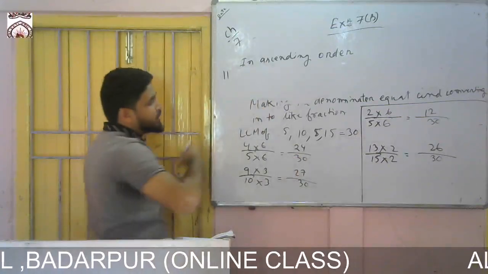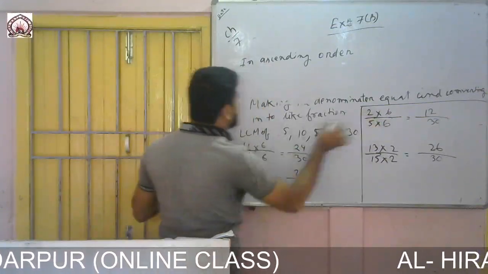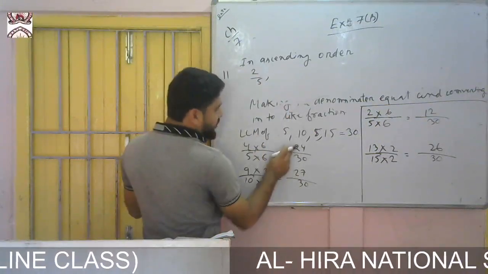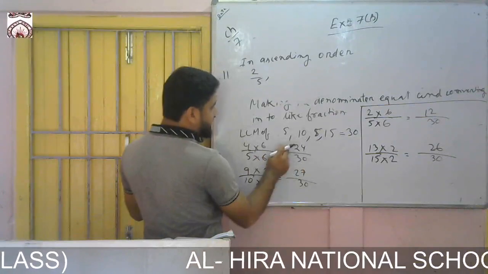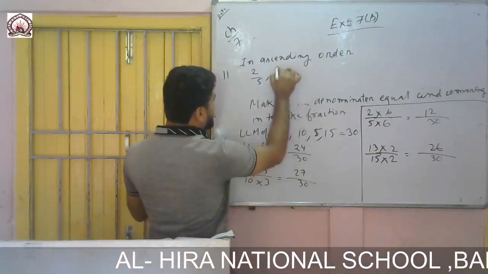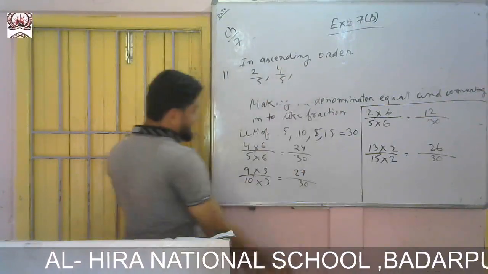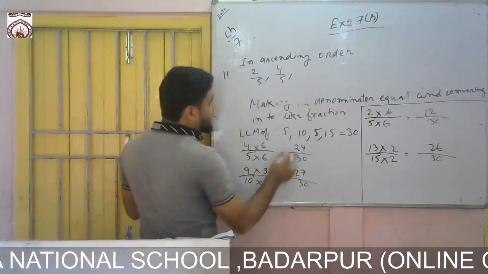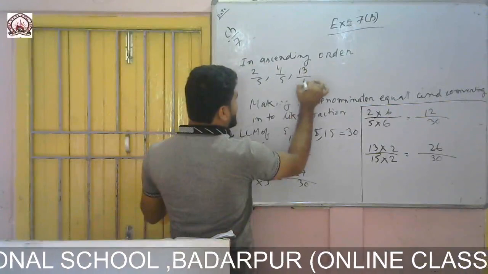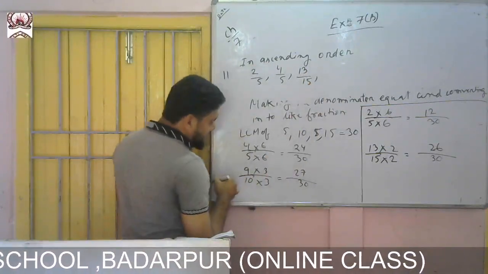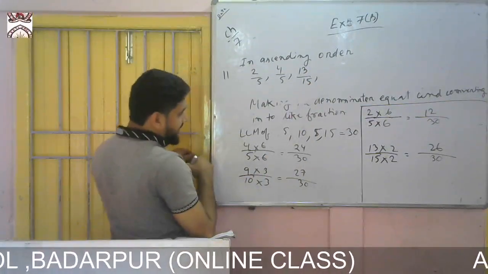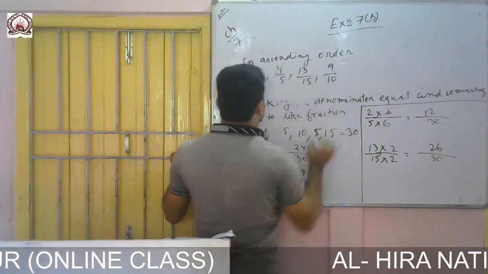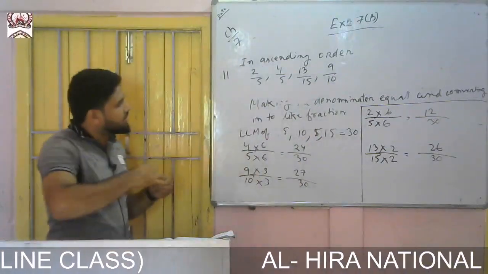First comes 12, that means 2 by 5. Then 24, that means 4 by 5. Then 26, that is 13 by 15. Then 27, 9 by 10.